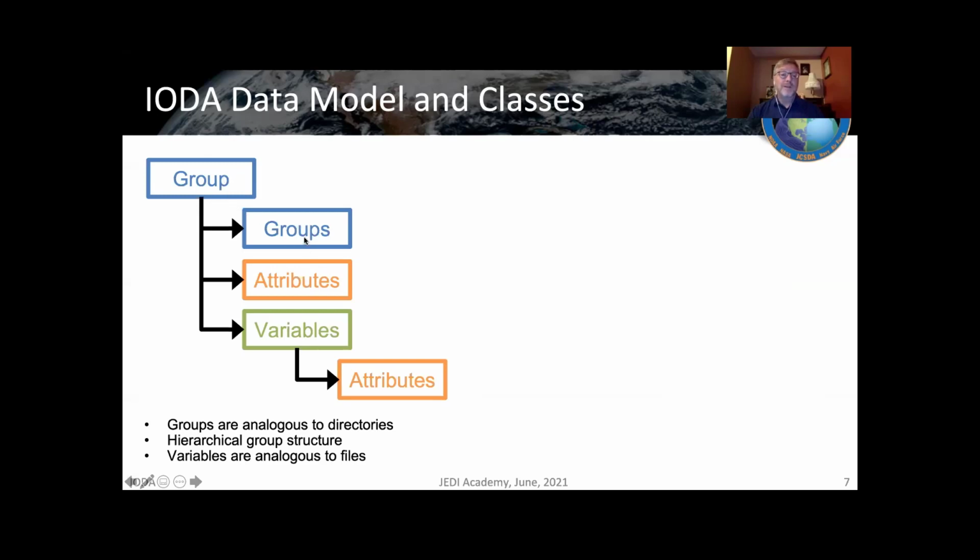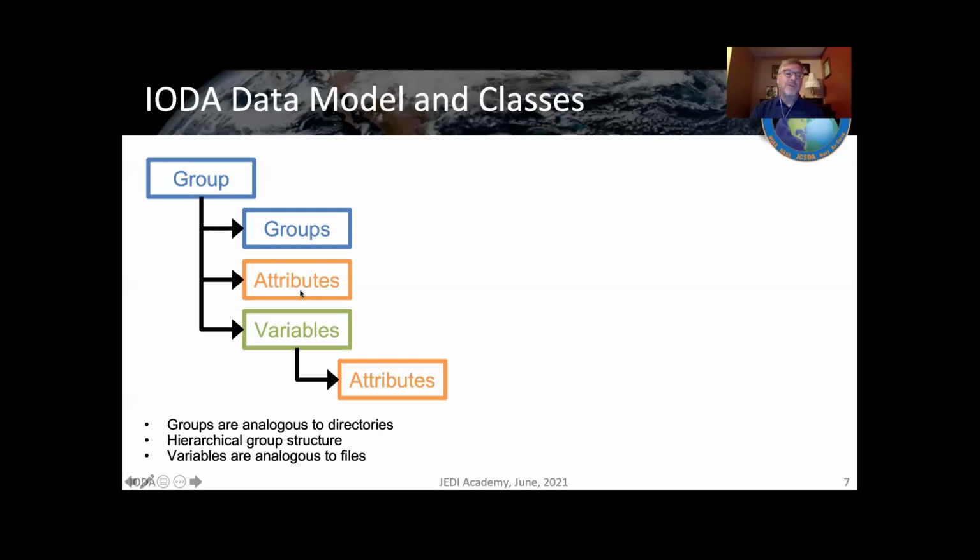A group can contain another group, and you can build up a hierarchical structure that way, just like you can with directories in the file system. Variables are analogous to the files that live inside the directory. So groups can contain variables, and you can organize your data in this hierarchical structure like a file system.